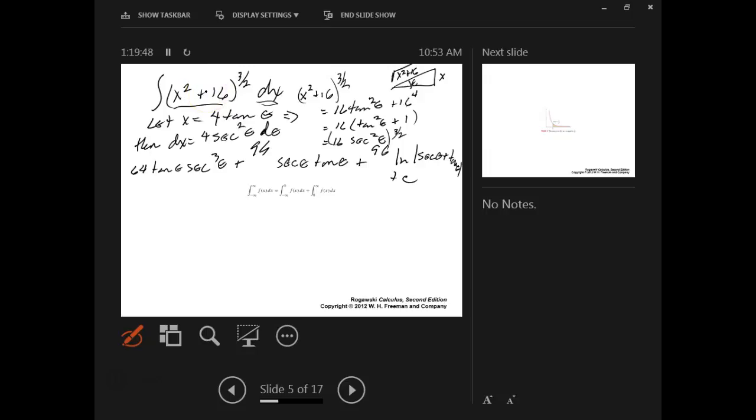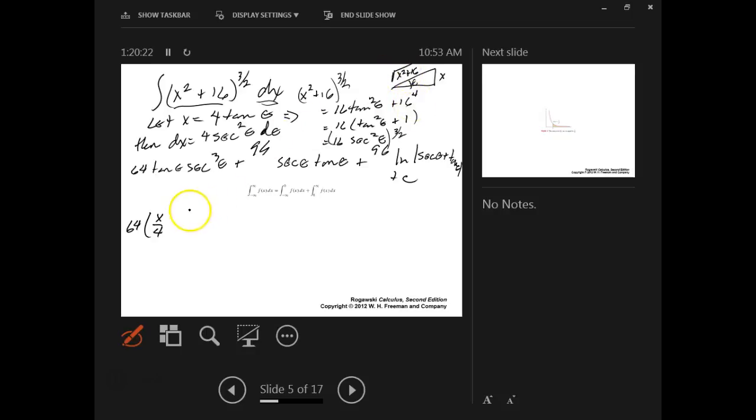Now, let's plug and chug here. 64 times tangent theta. We already know what tangent theta is. That's x over 4, right? Secant cubed theta. Okay? Well, your secant theta is hypotenuse over adjacent, right?